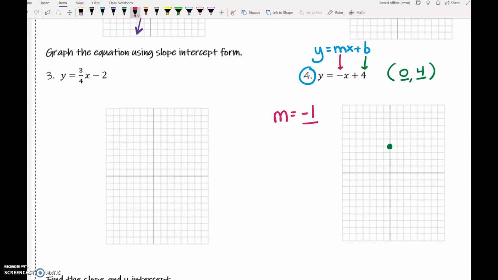And we turn that into a fraction by putting it over 1. So from this y-intercept, we will move down 1, right 1, down 1, right 1. Remember, we're only using the negative once. And you can put as many of these dots in as you want, as long as you keep following the slope. That dot looks a little bit funky. And then you can draw in your line.